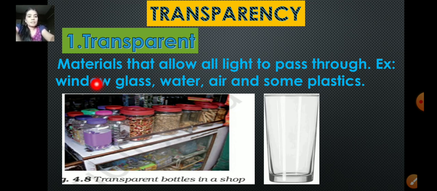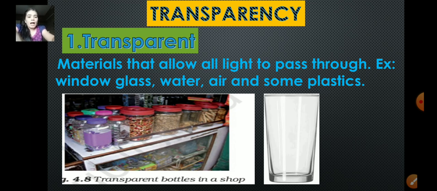Materials that allow all light to pass through. So examples: window glass, water, air and some plastics. So these are the examples of transparent materials.